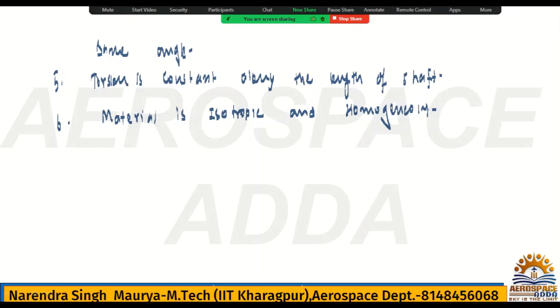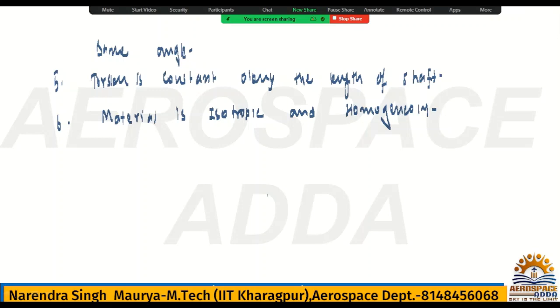Isotropic and homogeneous, I already explained what isotropic is. If properties are the same in all directions, it is isotropic. Homogeneous means throughout the section of the bar, if the composition is the same, the same kind of material is used everywhere for designing the shaft or any member, then it is called homogeneous. Otherwise, the other name is heterogeneous. That means different materials are used for making that bar.